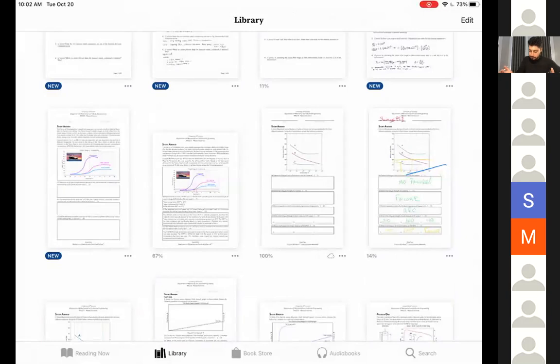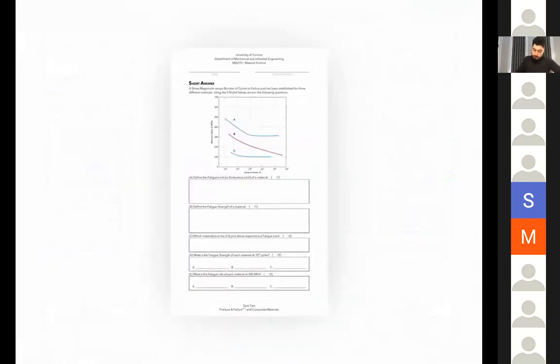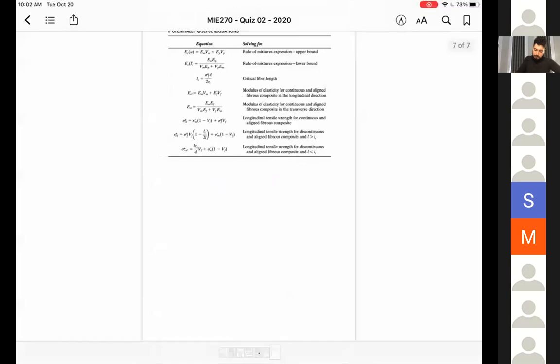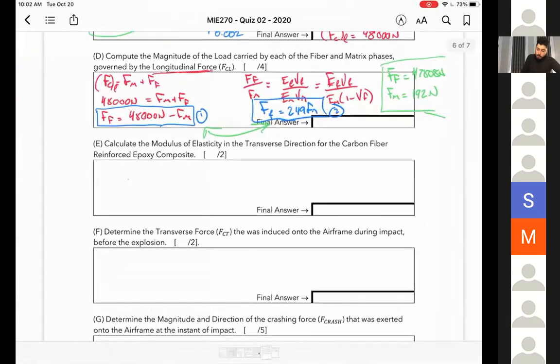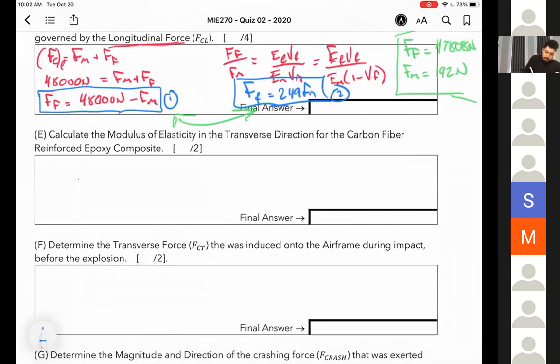Where'd it go? Okay, so what's the equation? E_CT is equal to? I don't know, it was just there.